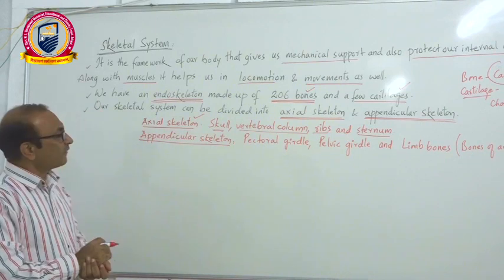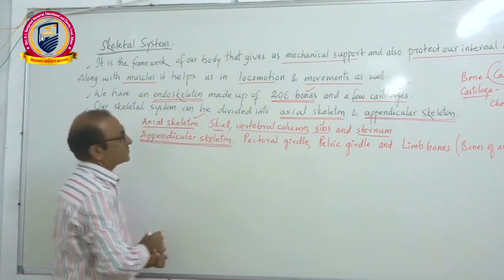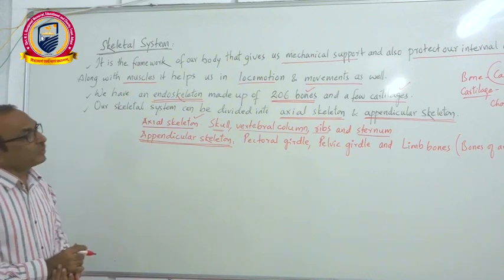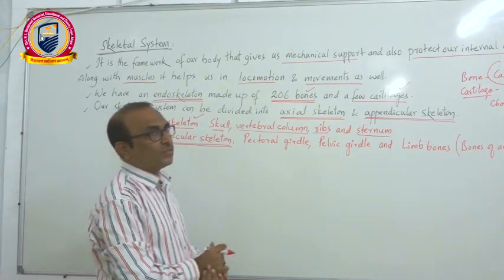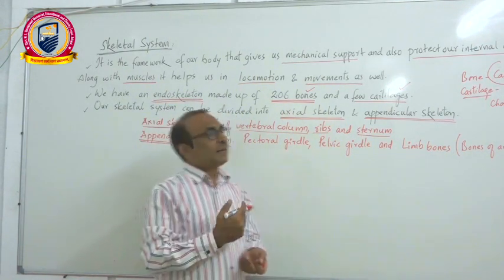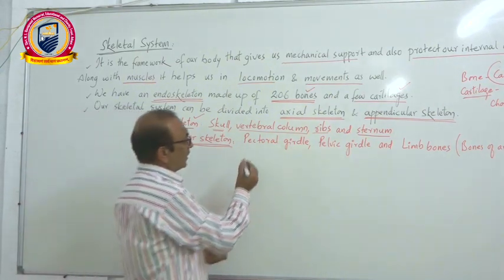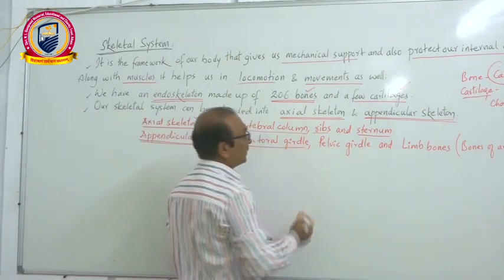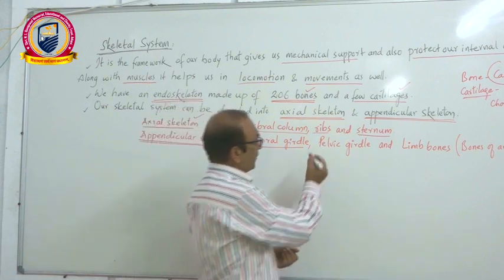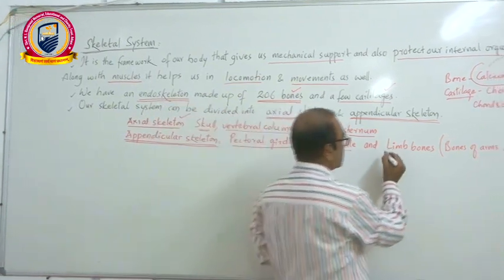The second part of our endoskeleton is the appendicular skeleton, which is on either side of the axis. The appendicular skeleton consists of the pectoral girdle, pelvic girdle and limb bones.